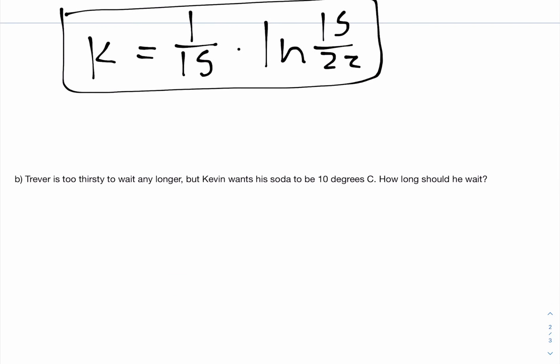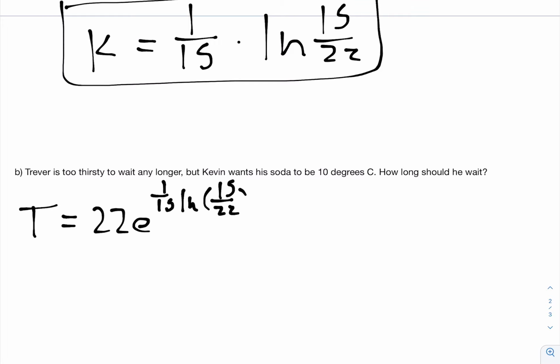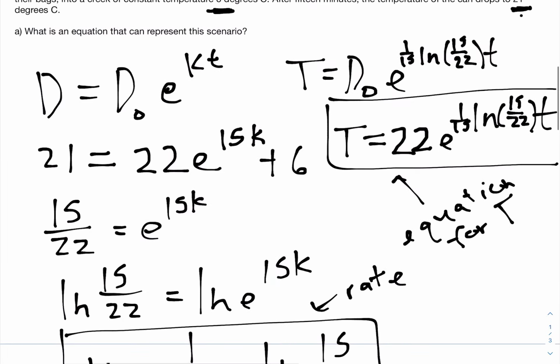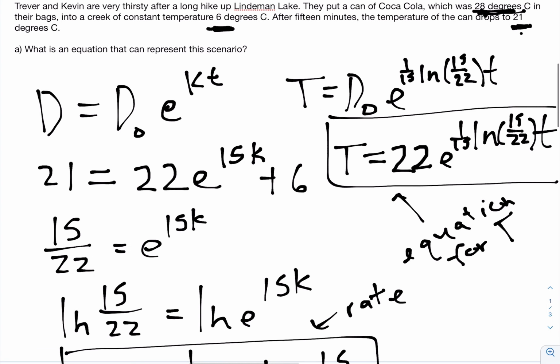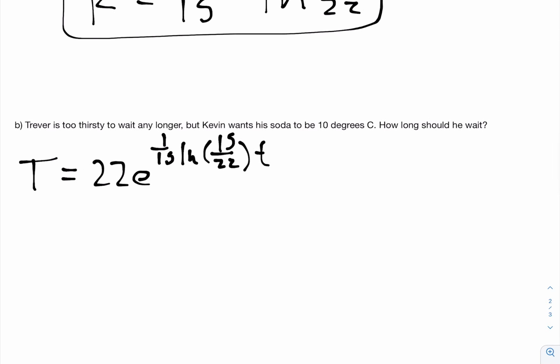So if we figured out that t equals 22 e to the power of 1/15th ln 15 over 22 t, and then I forgot to tag on the plus 6 over here. It's my bad, so there should be a plus 6 there, because I explained it over here. Instead of difference, we can just add 6 to both sides, so it's plus 6 there.